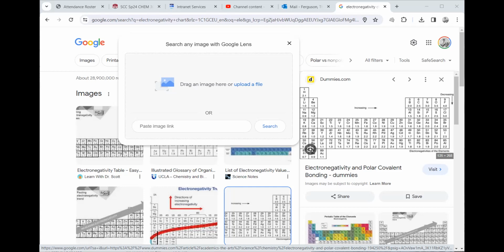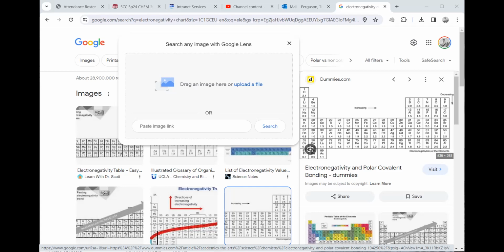So when you get a lopsided set of electrons, something like that, you've got more polarity on the left side than the right side.